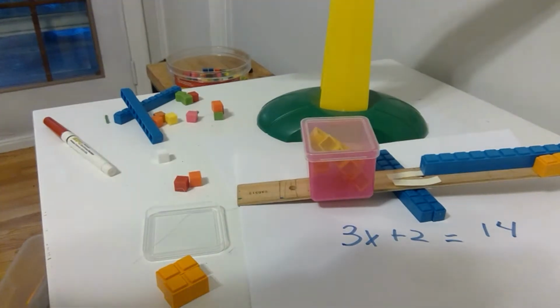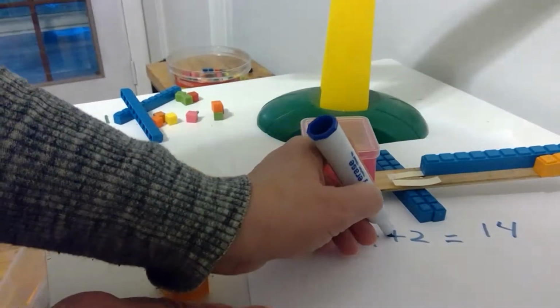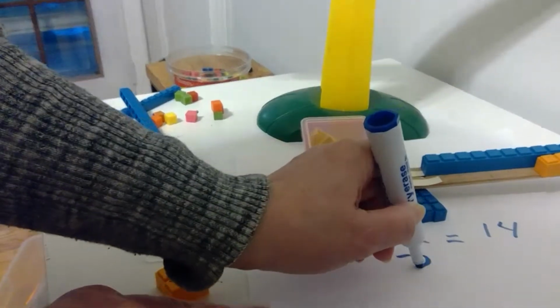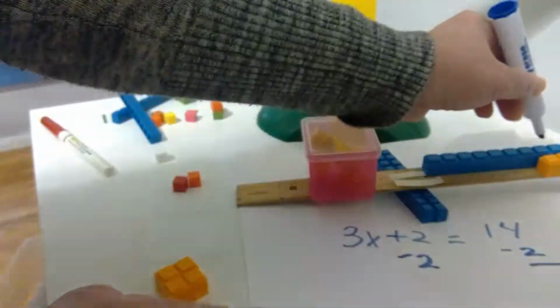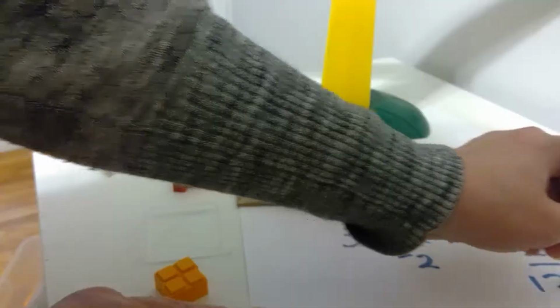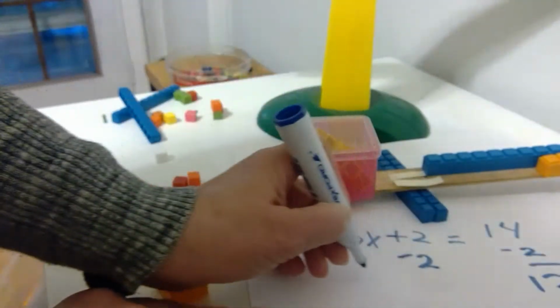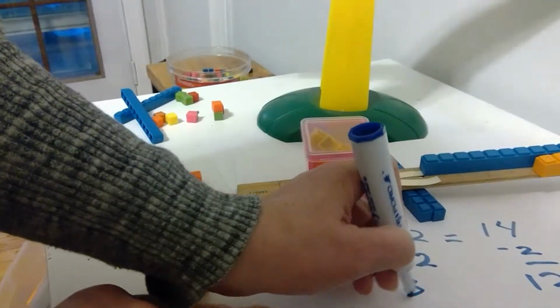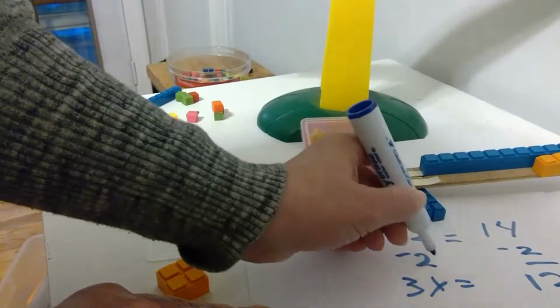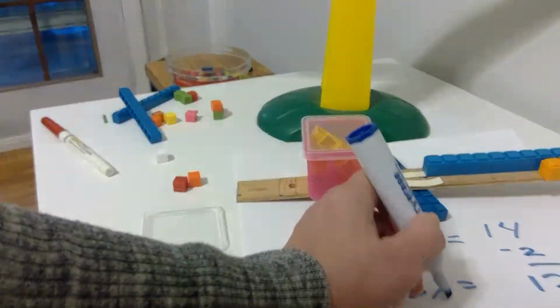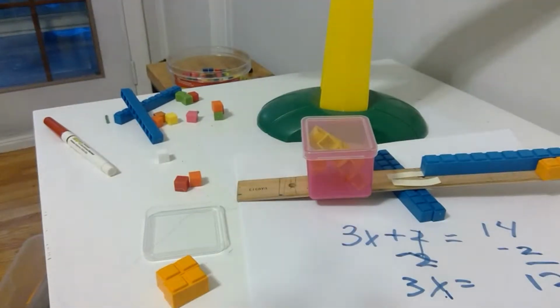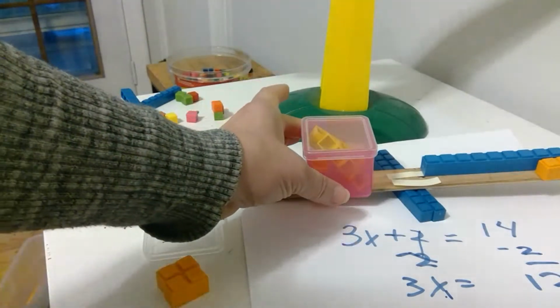This is though it is algebra. I took away 2 from both sides. So now I have 12 and 3x. So 3x equals 12.